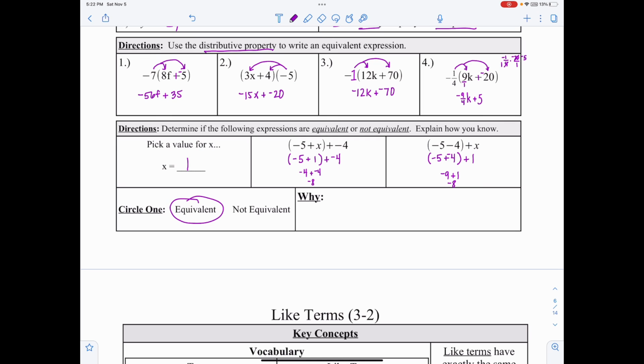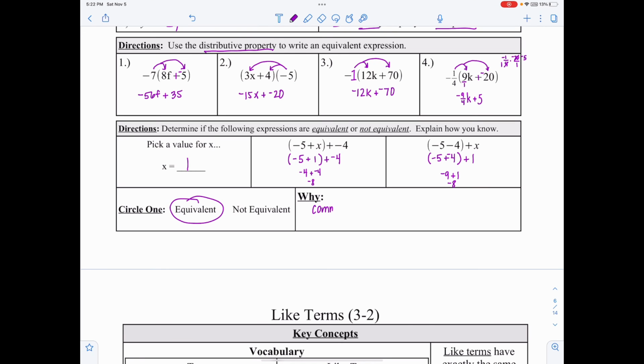However, we can also explain why they're equivalent because of the properties. So if you look, one of the things that was done with these is, it's all addition if you KFC it all. And so technically we moved the x from like here to here. So you can see that commutative property occurred.